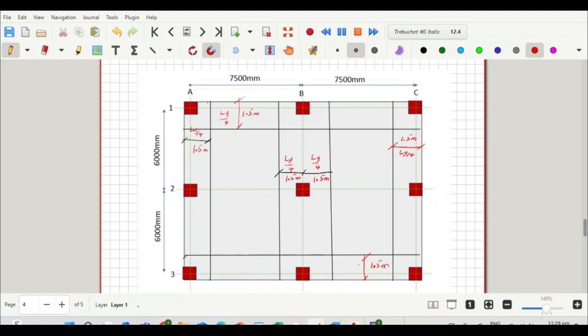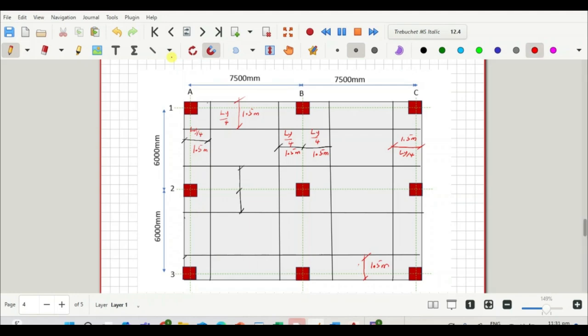Now let us consider the column strip in the horizontal direction as well. The column strip is in both directions, similar to what we did for the peripheral columns. So we have it in the horizontal direction and the vertical direction as well. Wherever we have the columns, you would have a column strip. So we'll have another column strip here. The dimension for this column strip is LY on 4, and this is also LY on 4.